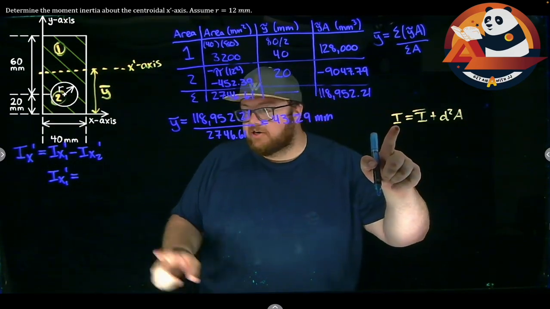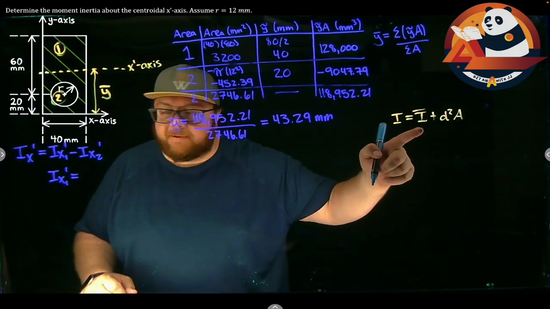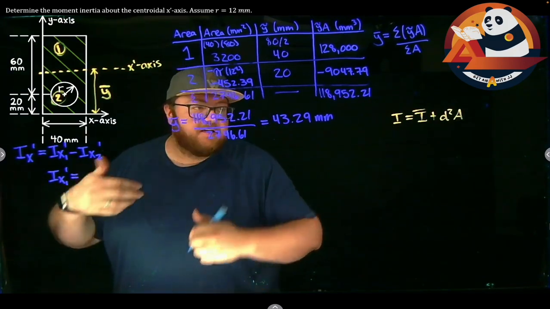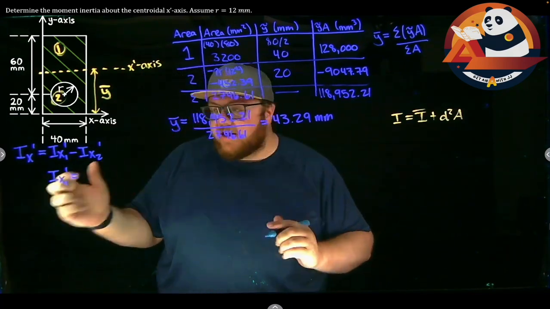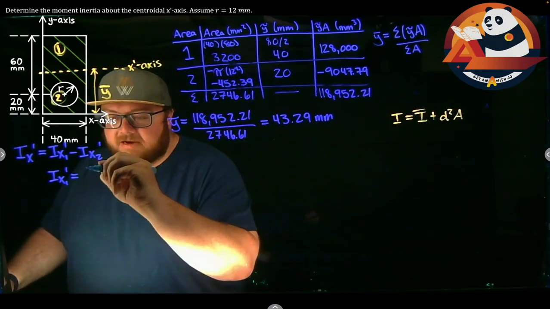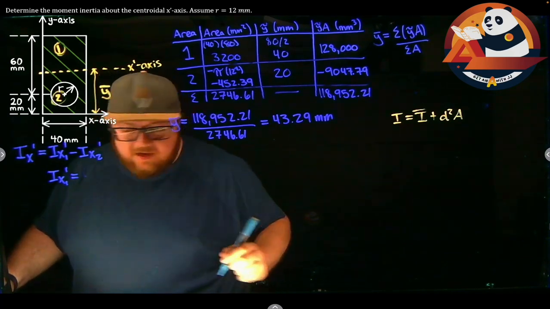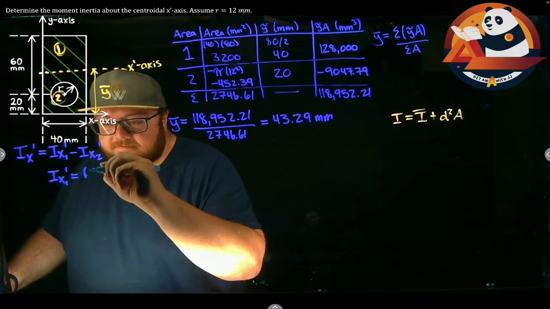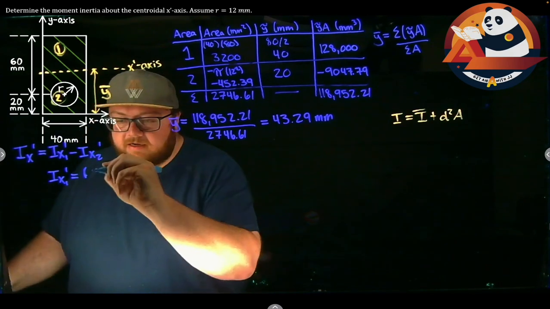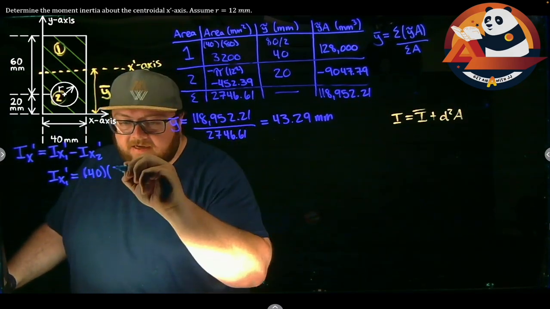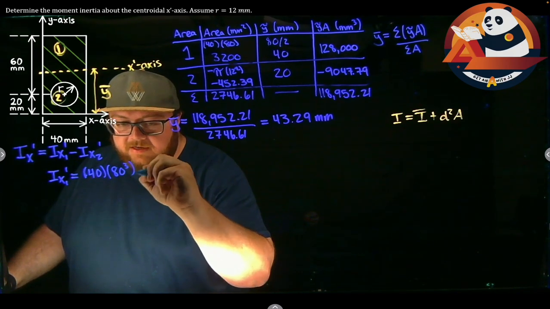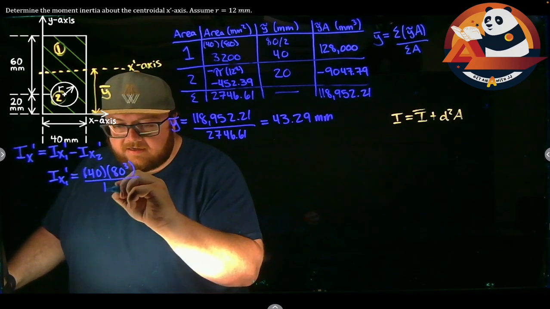That I term is equal to I bar, so we need to get our Ix bar, or Ix prime, just for a rectangle, which is our base times our height cubed over 12. Our base here is 40, so 40 times our height of 80, times 80 cubed, divided by 12.